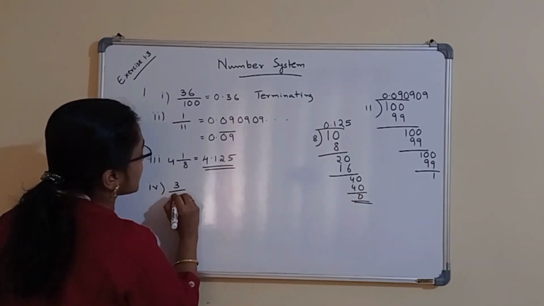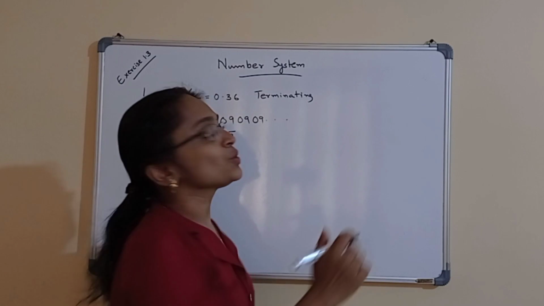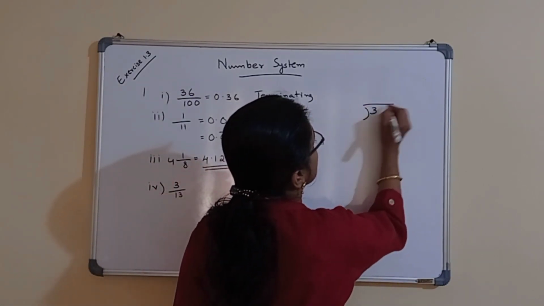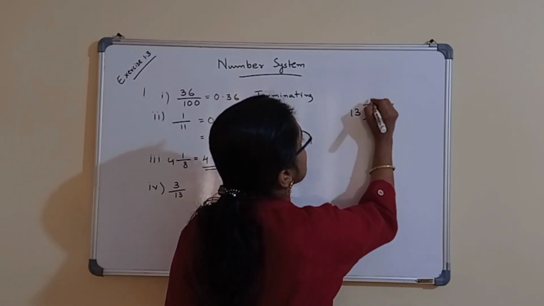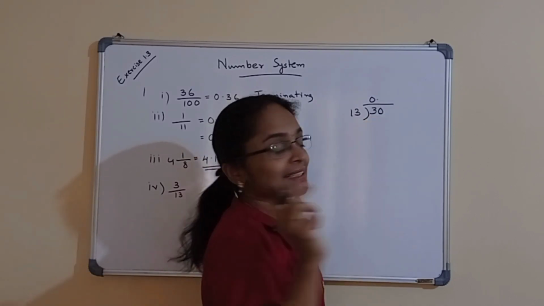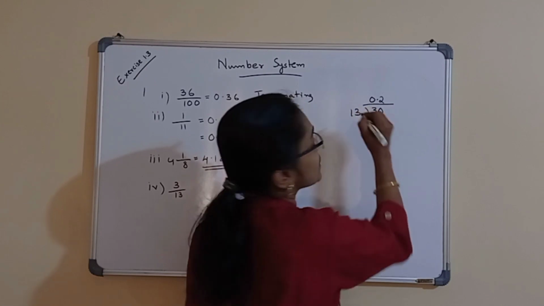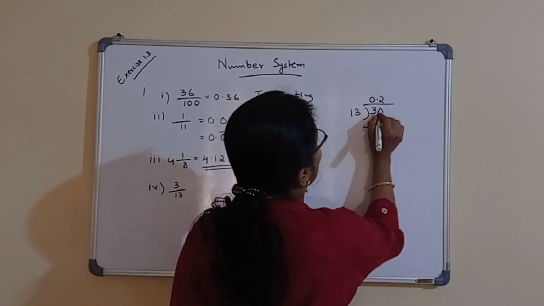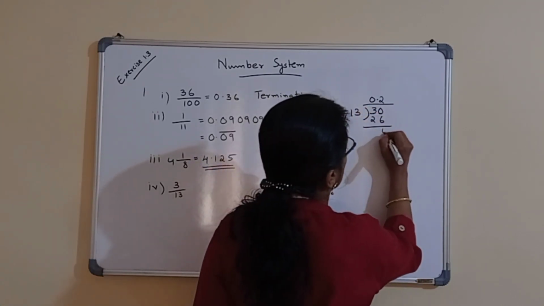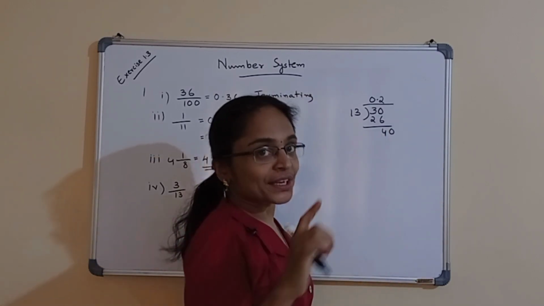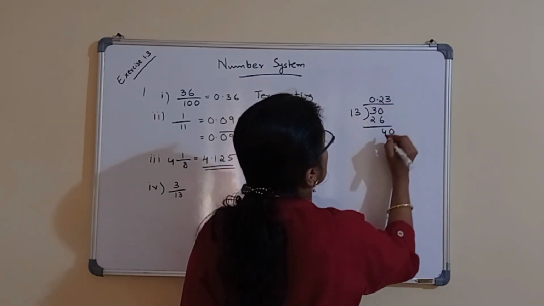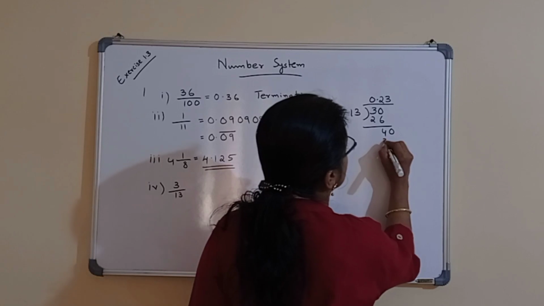Now, 3 by 13. So, we can do 3 divided by 13 and 0 point. In 30, 13 will go 2 times and it is 26. 2 into 13 is 26, and 30 minus 26 is 4. Then in 40, 13 will go 3 times, and 3 into 13 is 39.